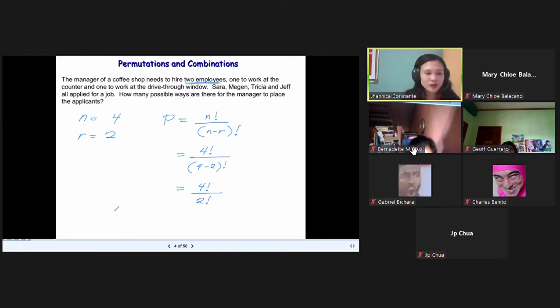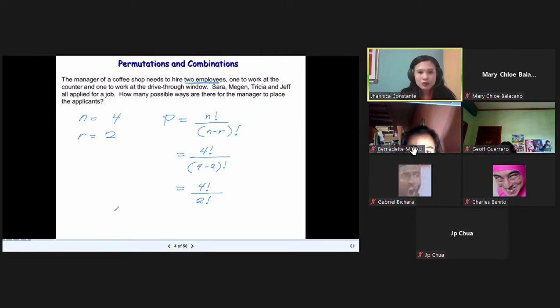So let's solve. If you have a scientific calculator, just input. Mauuna si n sa pag-input to scientific calculator. So 4, and then click your nPr, if meron sa scientific calculator nyo. After you press 4, and then the value of 2, which is the value of r.